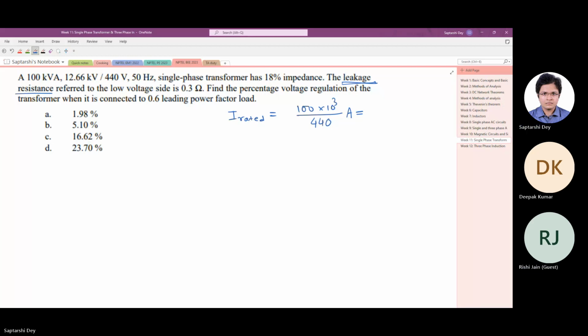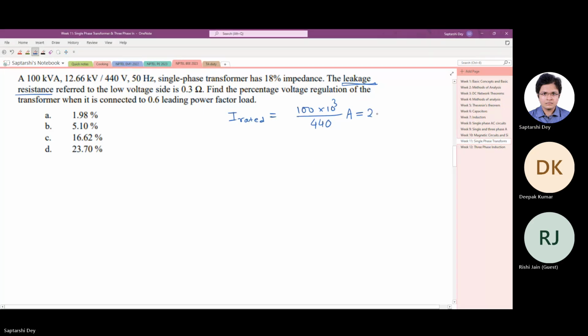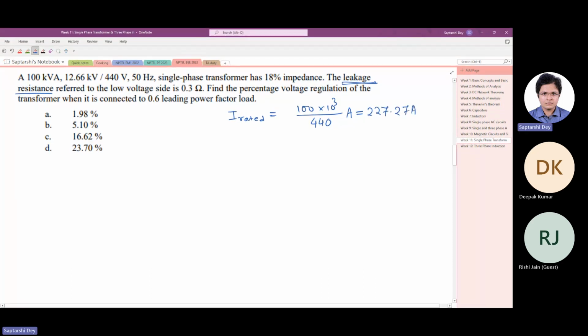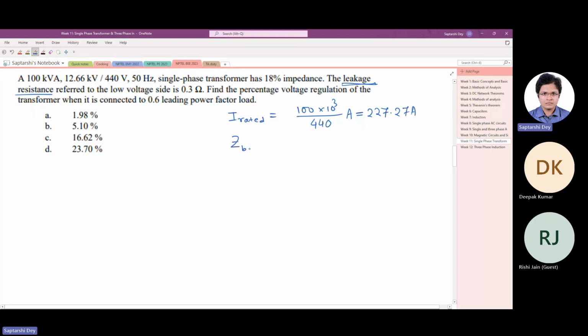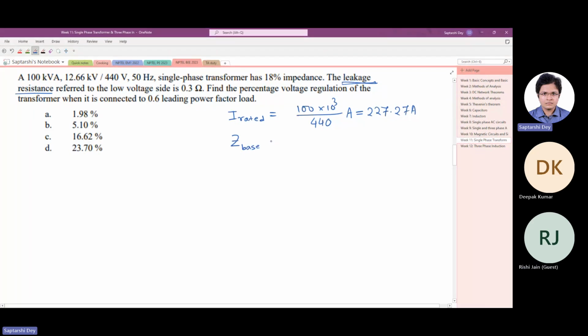Now, what we have to do is, we have been given the per unitized impedance. From here, you have to find out the actual value of the impedance. For that, we first find out the rated current, which is 100 kVA by 440 volt, doing it at the low voltage side. So 227.27 ampere is the rated current. Now from here, we can find out the base value. To per unitize, you need some base.